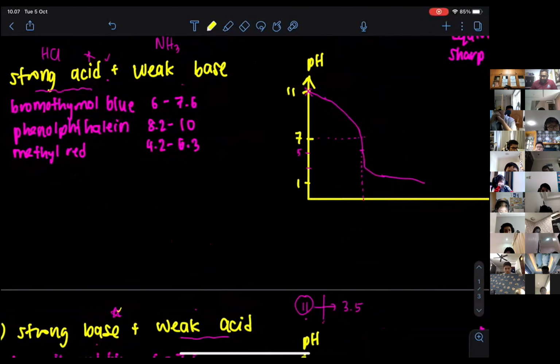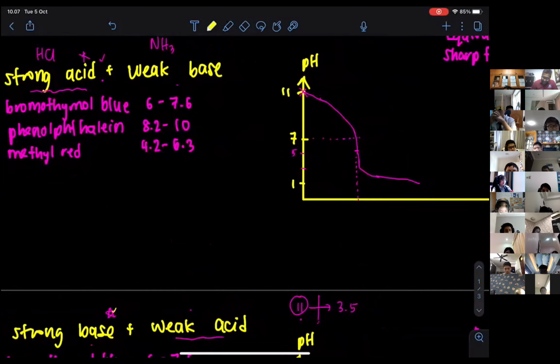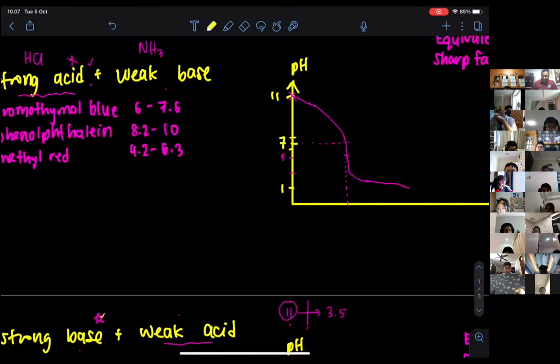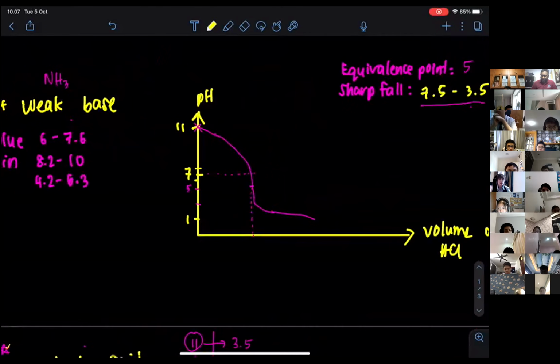6 to 7.6, so 6 is somewhere here, 7.6 is somewhere here. Is it a good indicator to be used? If you ask me, because the sharp drop is 7.5 only, it still falls within the range.